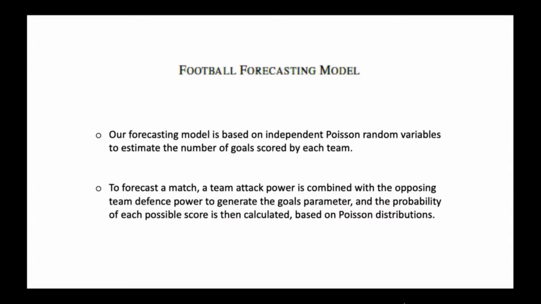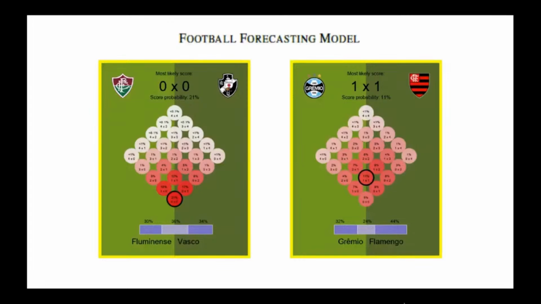We combine an attack parameter for one team to a defense parameter from the opposing team, and then use the Poisson distribution to generate the probability for each score. Then, when we have the actual score of the match, how can we say if the forecast was good or not?